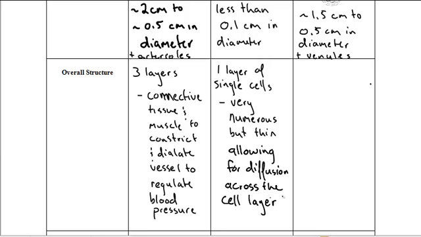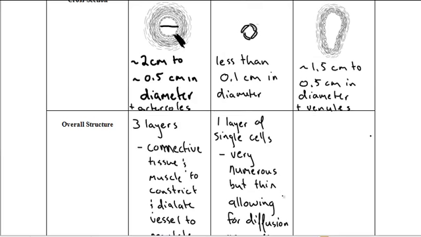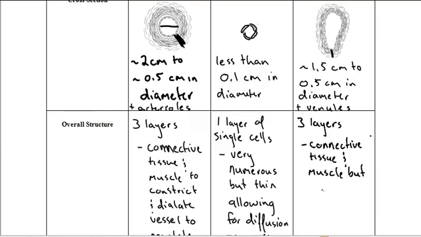And then we look at the vein, and it's kind of the happy medium between the two. It's back to having 3 layers, some connective tissue and muscle, but not as much.